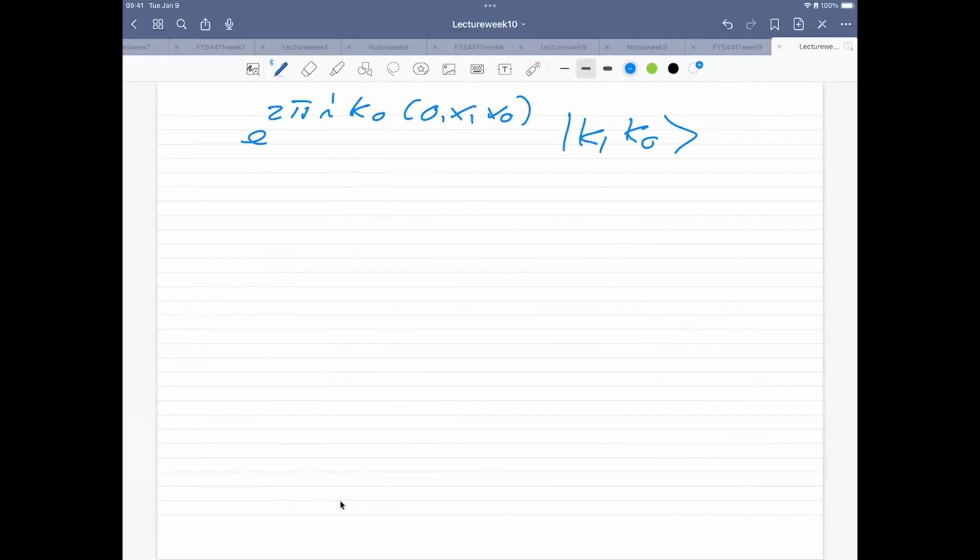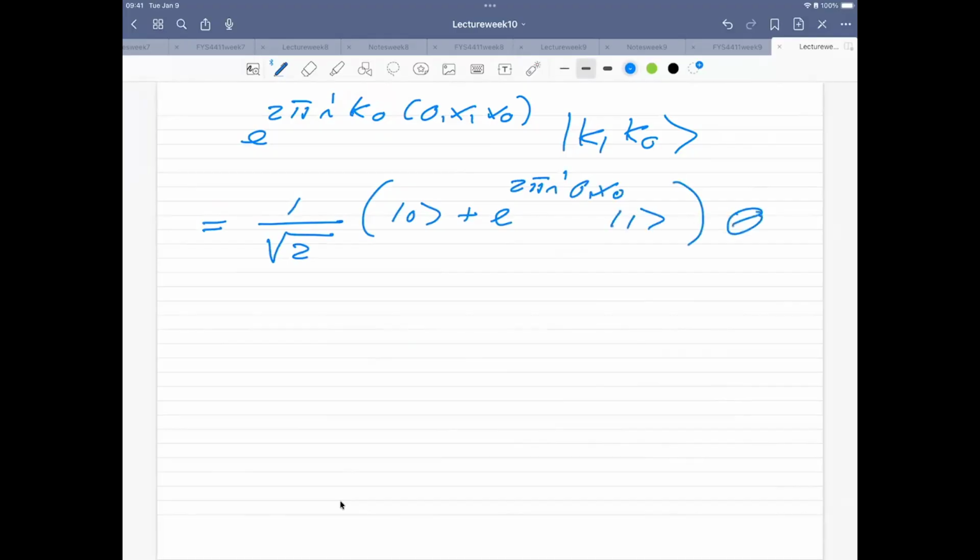So when you now sum over K1 and K0, which can be 0 or 1, things are going to simplify, because K0 can be 0 and 1, and K1 can be 0 and 1. If we do that, then it's pretty straightforward to see that this is going to be equal to 1 over the square root of 2, times 0 plus e of 2 pi i, 0, X0, times 1.